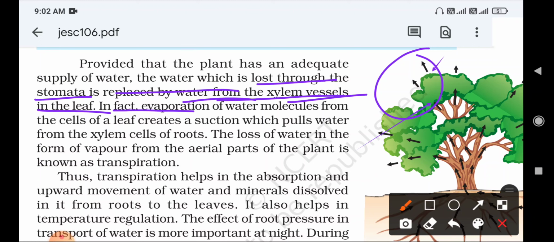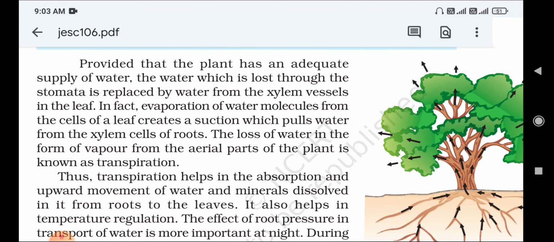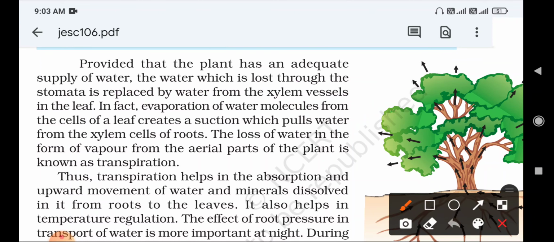In fact, evaporation of water molecules from the cells of a leaf creates a suction which pulls water from the xylem cells of the roots. Water is lost from the aerial parts of the leaves through the evaporation process.